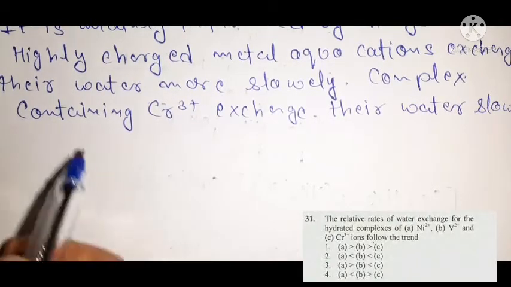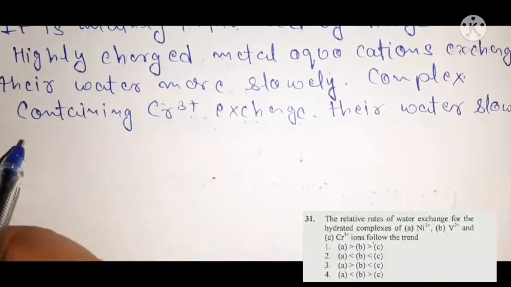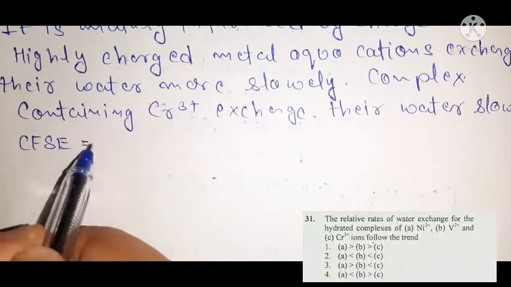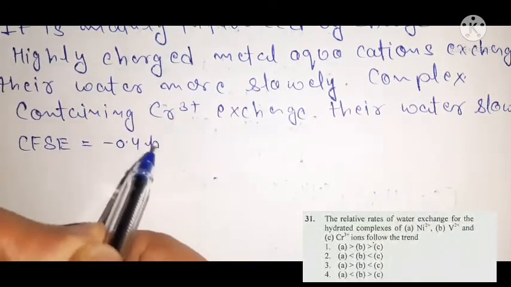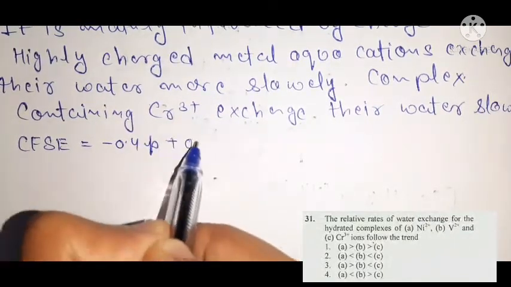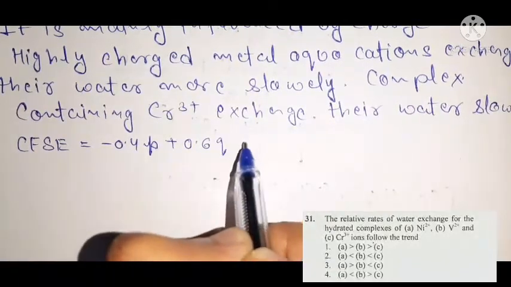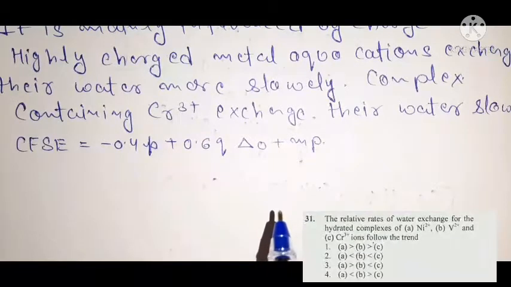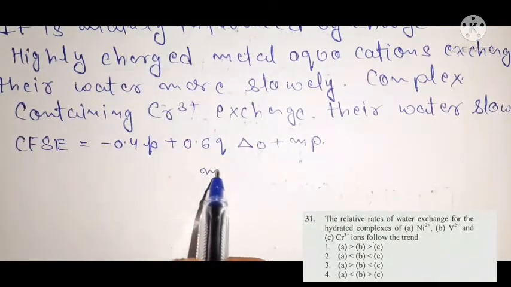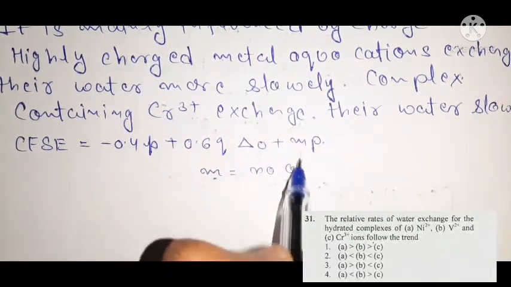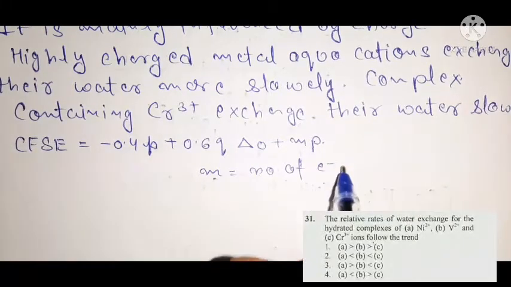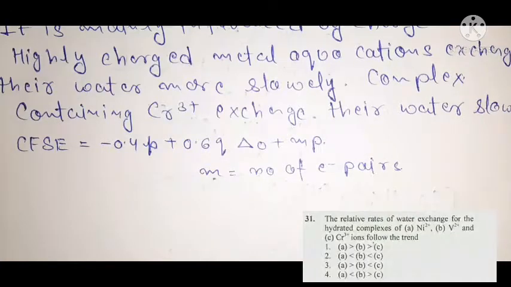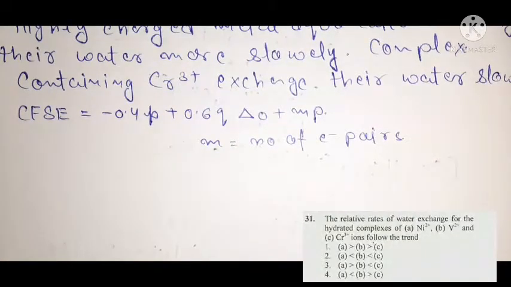Okay. So now we have the formula of CFSE. We know that in coordination chemistry the formula of CFSE is minus 0.4 P plus 0.6 Q delta O plus M into P. Here M is the number of electron pairs present in that metal ion, P is the number of t2g electrons, and Q is the number of eg electrons.